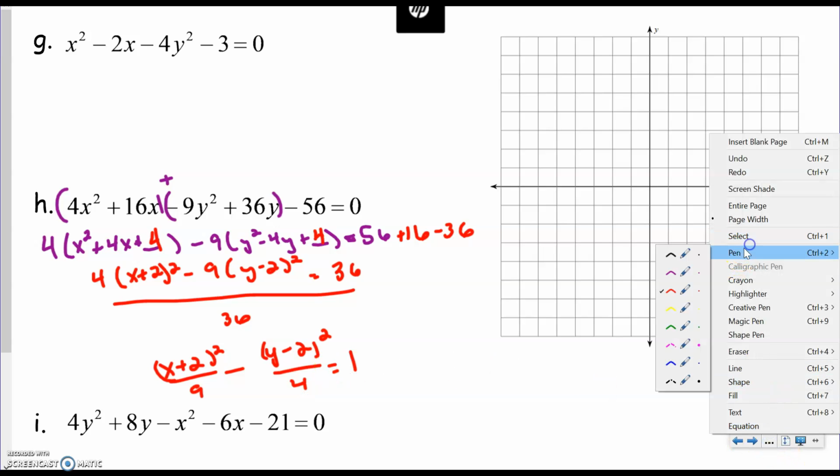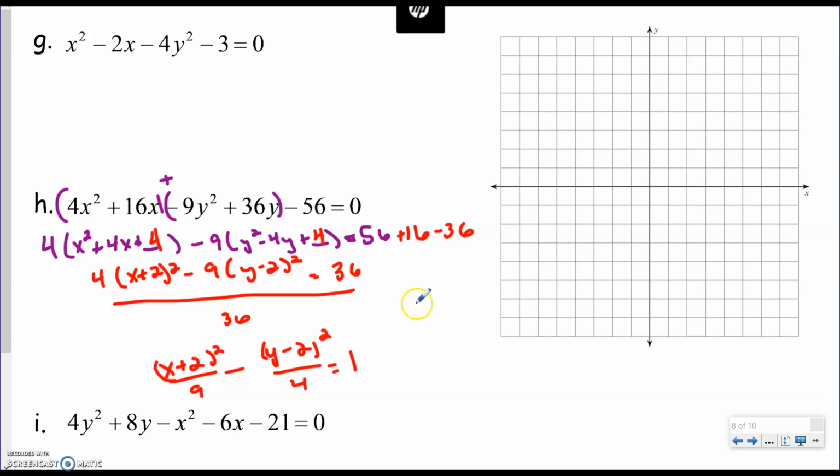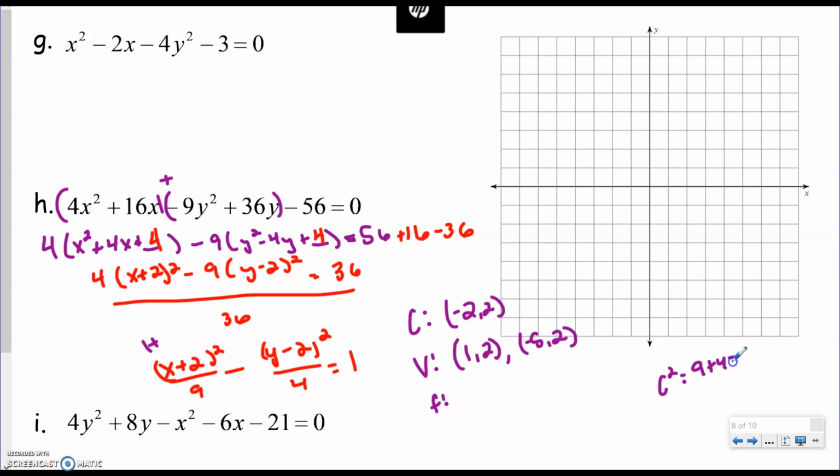And then I'll go ahead and list all this information out here. So center is going to be at -2, 2. Vertices are going to be over 3 sideways. It's horizontal because x is first. So I'm going to add 3, which is 1, 2, and I'm going to subtract 3, which is -5, 2. Foci is going to be c squared equals 9 plus 4, which is 13.